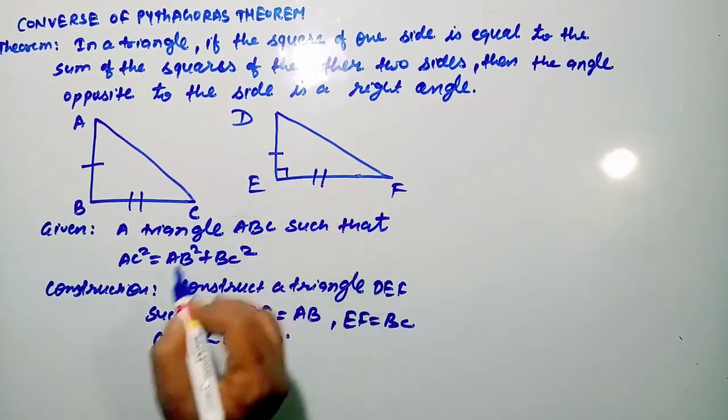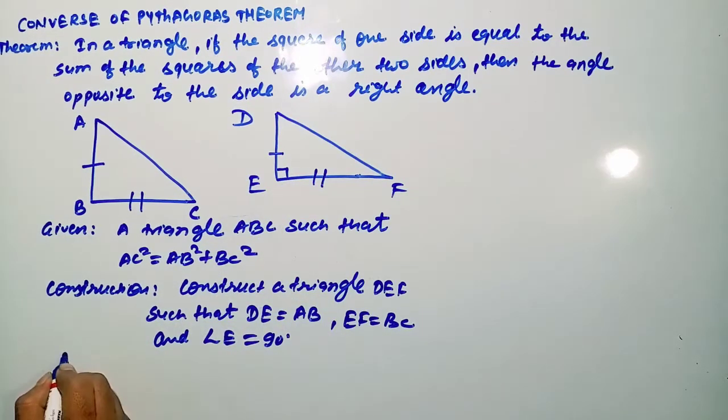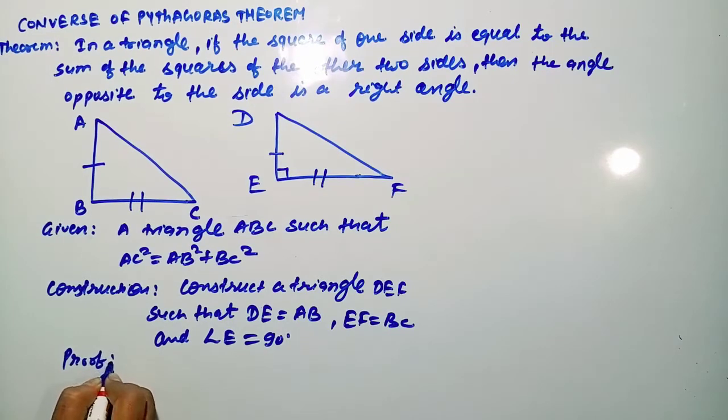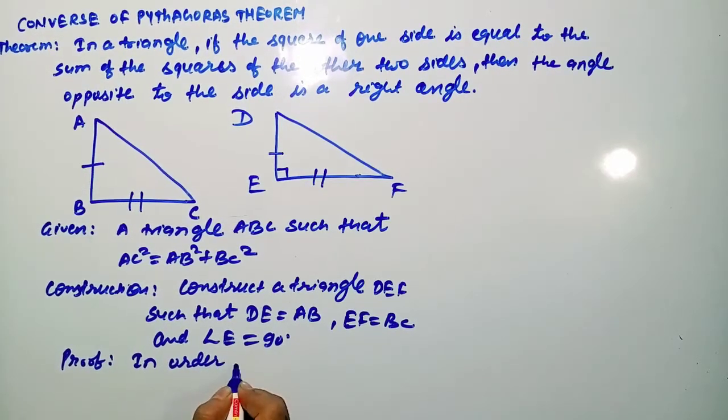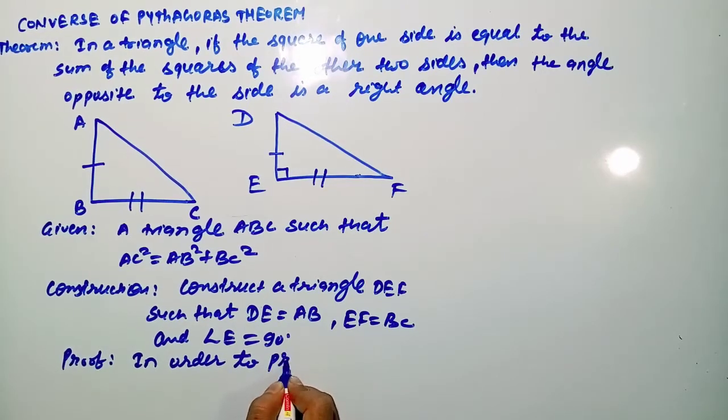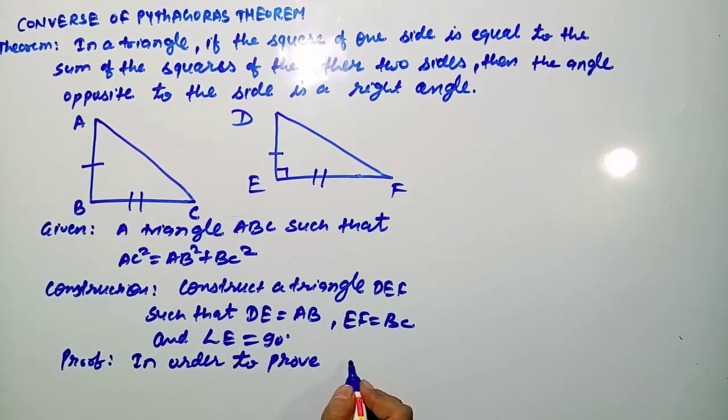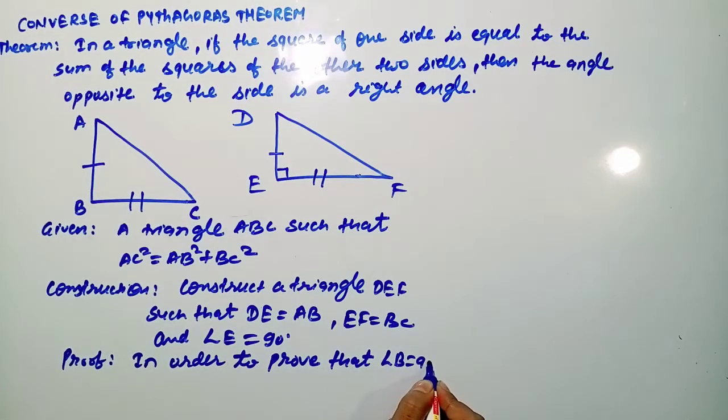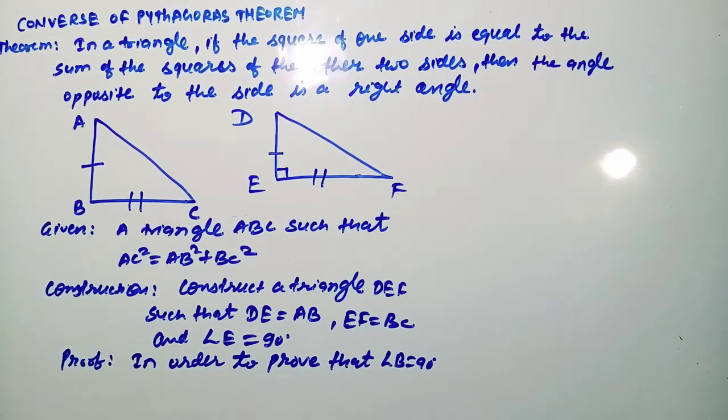So we can use the Pythagoras theorem. Writing the proof, what do you want to prove? Angle B is 90 degree.